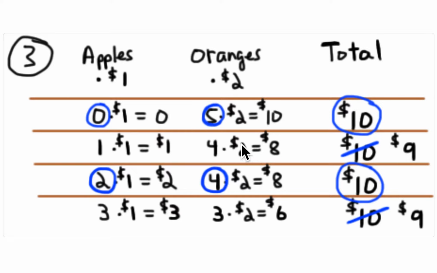But since I'm always multiplying by $2, it's going to go up $2 every time. So it's going to jump over the $9 and go from $8 to $10. So let's just say I purchase 4 oranges, cost me $8. I'm going to end up spending $9. And likewise, if I buy 3 apples, I can't get to $10 because that's $3. I have $7 left, but I can't.